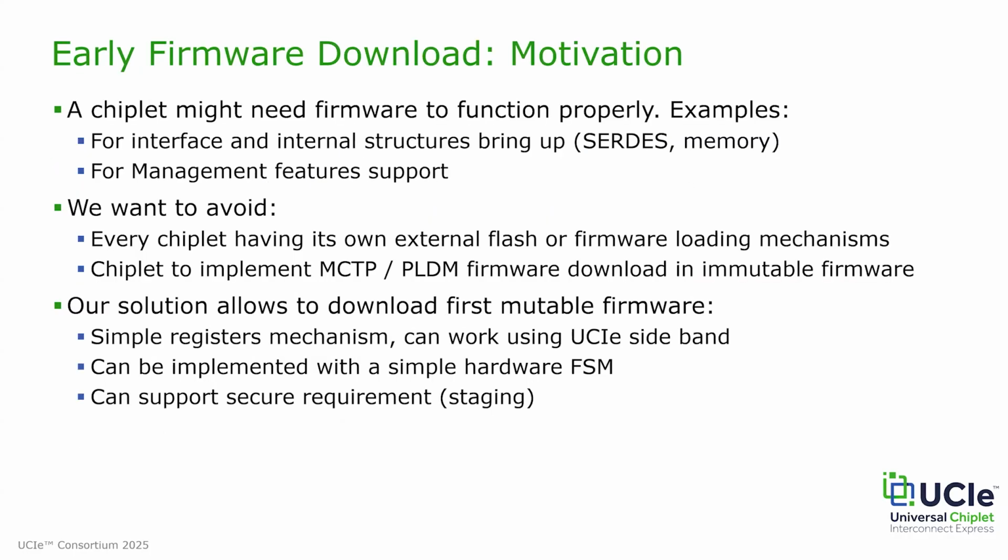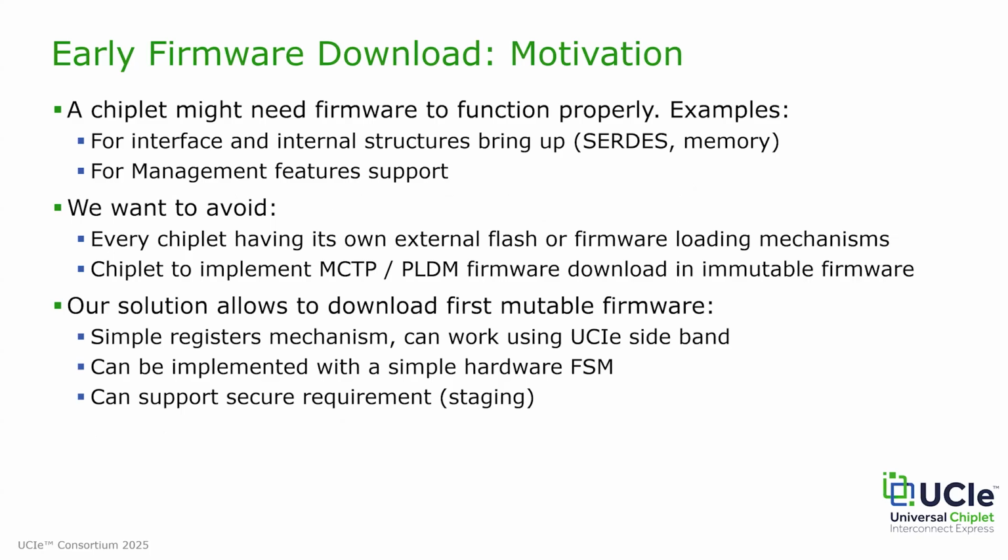It's no secret that modern chiplets require firmware to function properly. This is to support external interfaces, internal structures, management features, a whole host of things that firmware does. What we want is to avoid the need for each chiplet to have its own EEPROM or its own external flash.